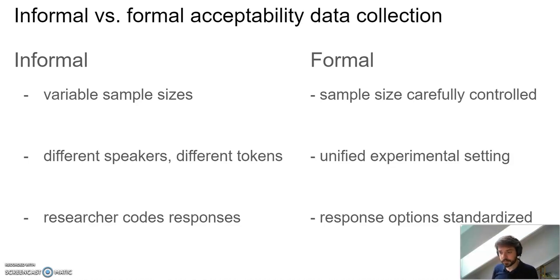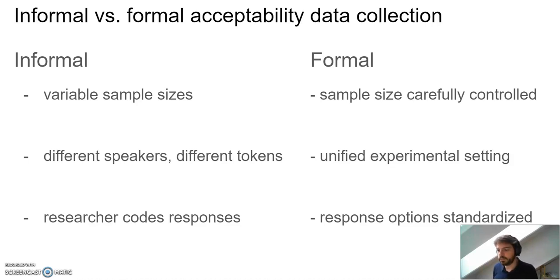In a formal setting, you can control the sample size. You can decide that every speaker has to respond to 30 items or something like that. The other thing related is different speakers, different tokens. Again, if I'm asking around, I might think of different examples with different people.